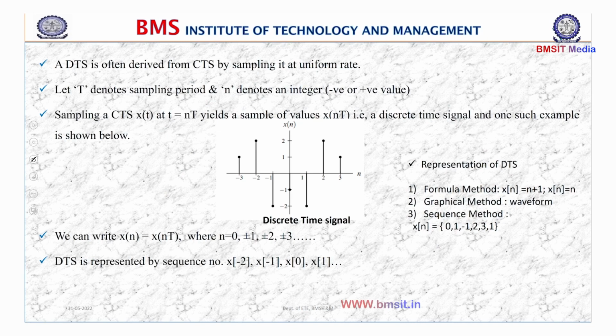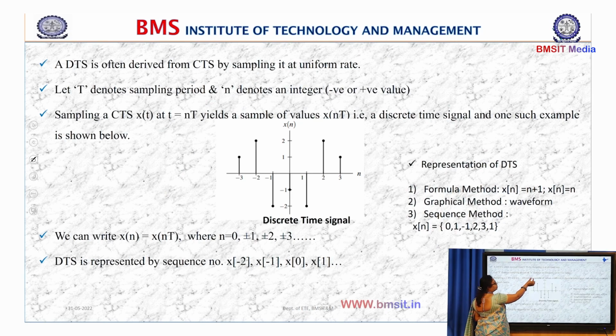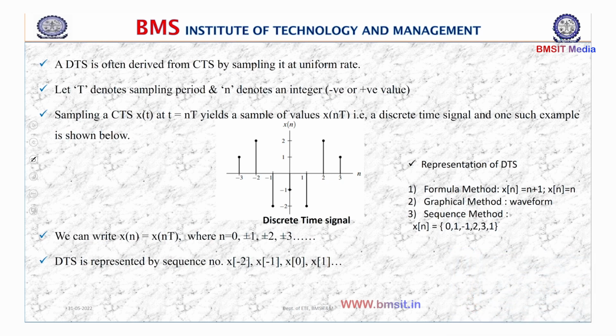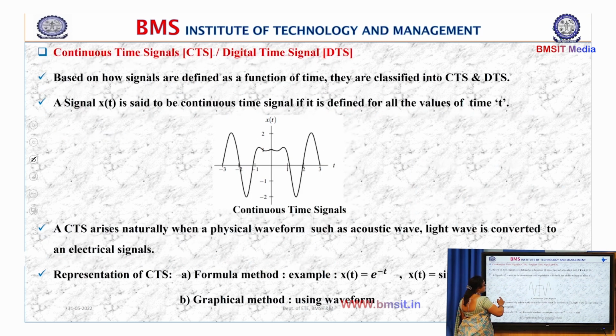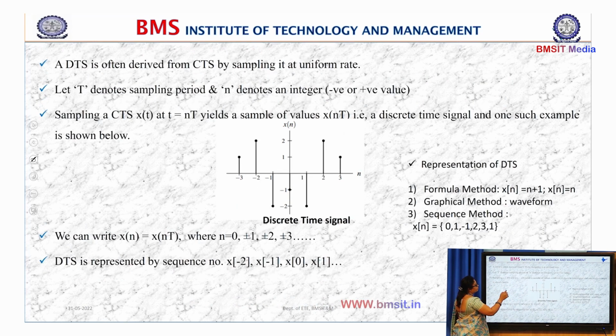Let capital T denote the sampling period and n denote an integer, which can take negative and positive values. So the continuous time signal is sampled at equal intervals of time, that is, we cut this signal into pieces at equal intervals of instant, t is equal to nT.